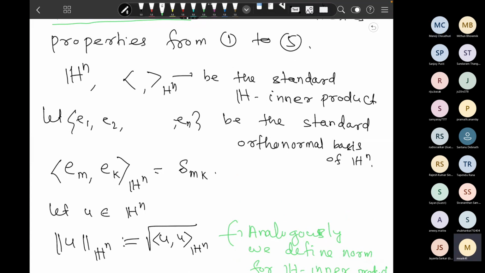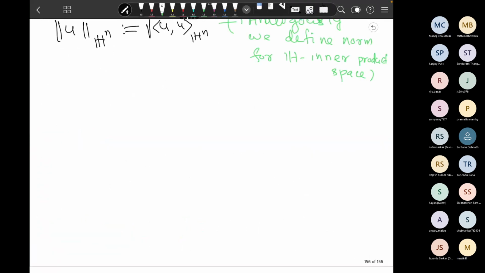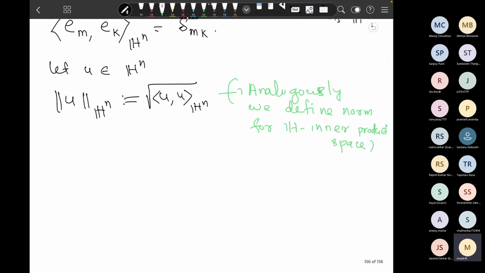Actually, you know that there is a positive definite condition, the sixth thing. So that means you get an answer that is always a real positive number. Okay, yes. Sorry. That's okay, you don't have to say sorry. So this is the thing.